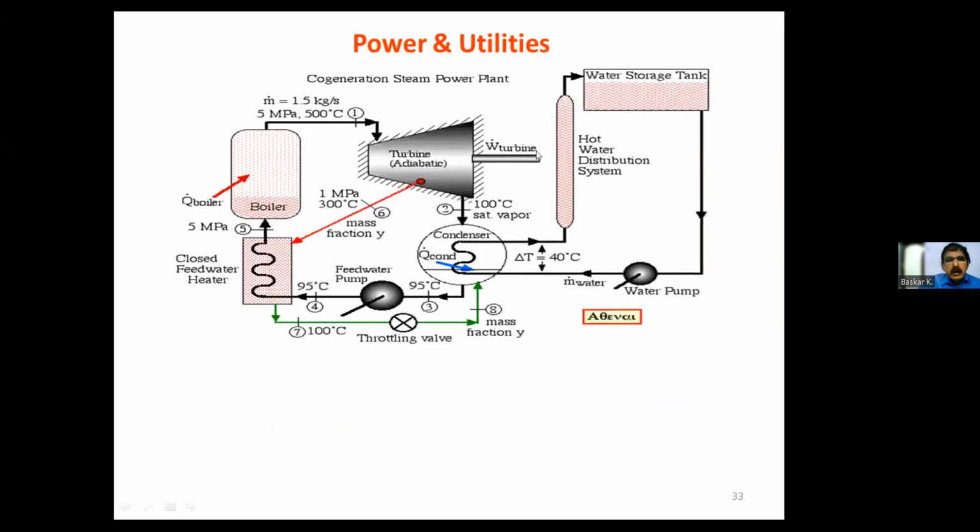We have a cogeneration plant. This is a simple cogeneration plant where we are using fuel oil. We have excess fuel oil that is used as feed for heating naphtha.